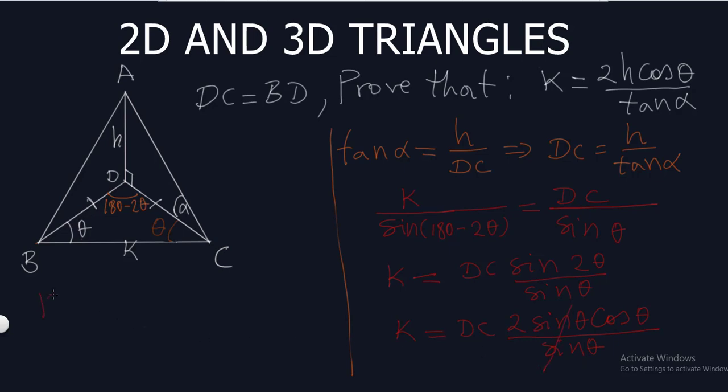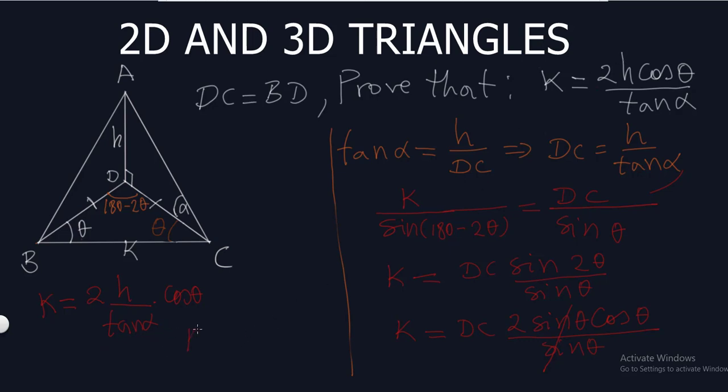Therefore, k, we start with 2. What is DC? There is our DC here. We represent DC by h over tan alpha multiplied by cos theta. So this is our final answer, which is the same.